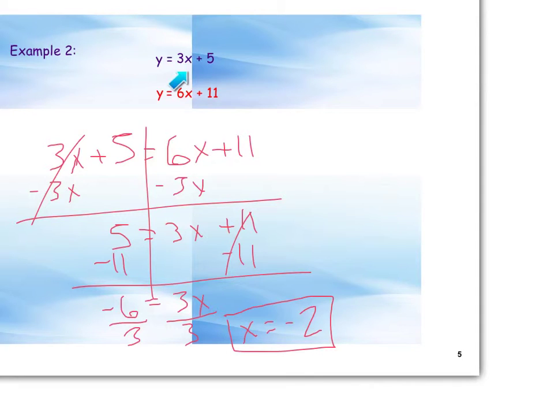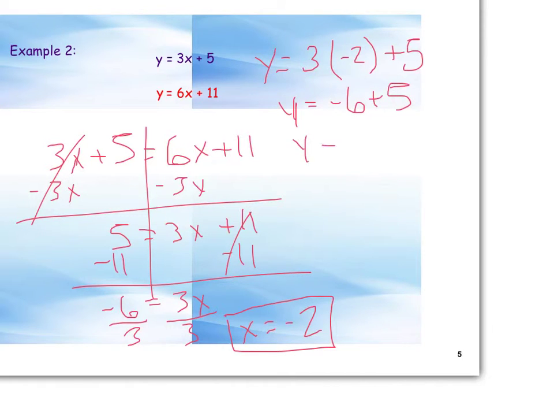I'm going to choose the one with the 3x. So, y equals 3 times our x of negative 2 plus 5. So y equals negative 6 plus 5, negative 1.